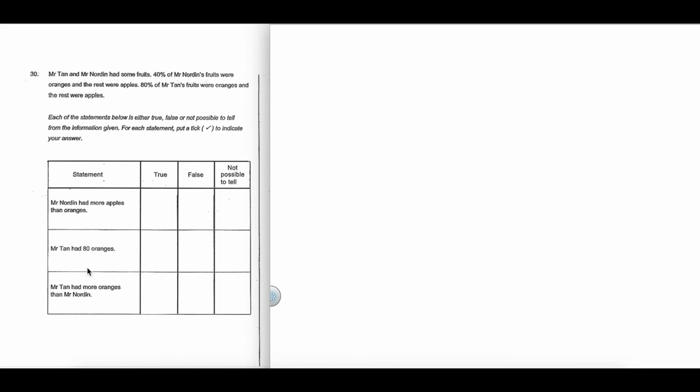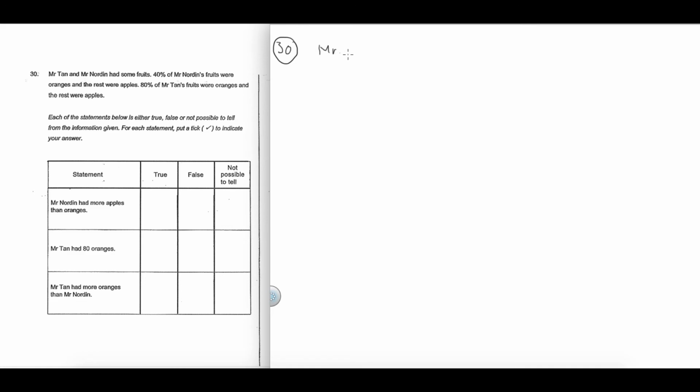Alright, question 30 is a true, false, not possible to tell question. So sometimes it can get a bit tricky, but let's try our best. Mr. Tan and Mr. Nordin had some fruits. Alright? So 40% of Mr. Nordin's fruits were oranges.